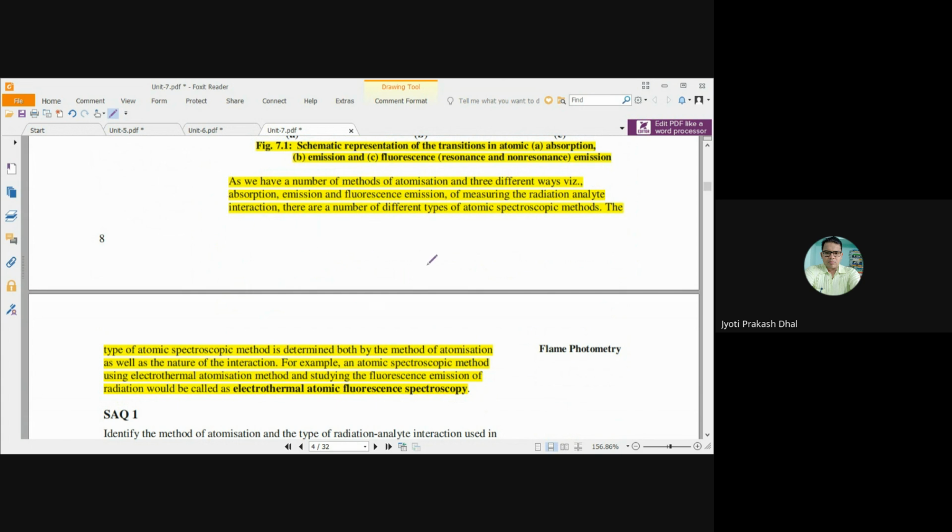The basic principle of these phenomena is that the atoms should be free from, or isolated from, one another. So we have a number of methods of atomization, for absorption, emission and fluorescence emission.